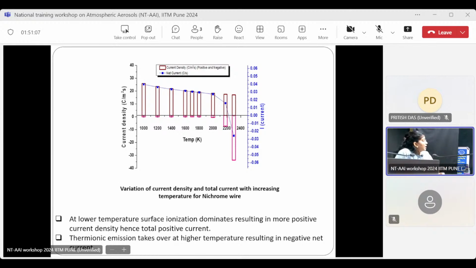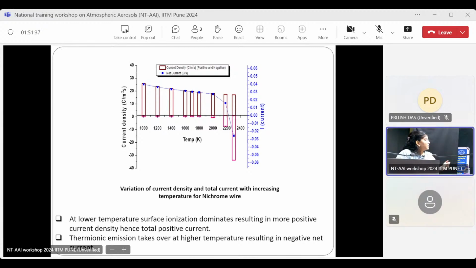Till roughly 2200 Kelvin, the positive emission is dominating. Till the time you give 2200 Kelvin temperature to that wire, you will not be providing sufficient energy for thermionic emission, and the charges on the particles will be of positive polarity.